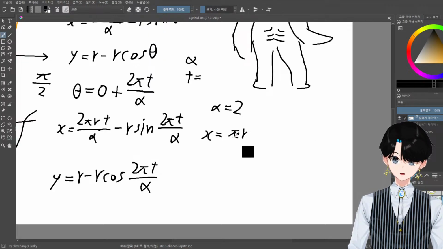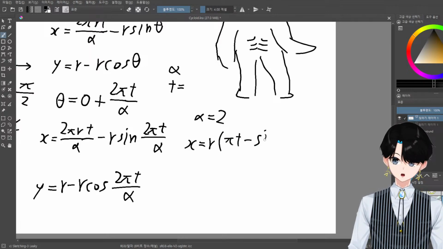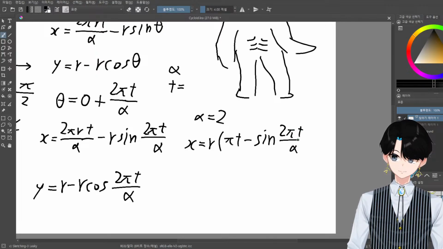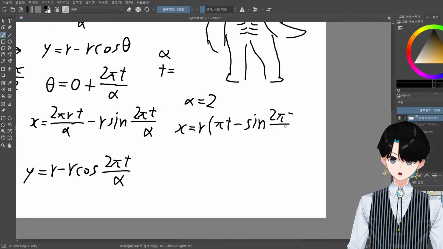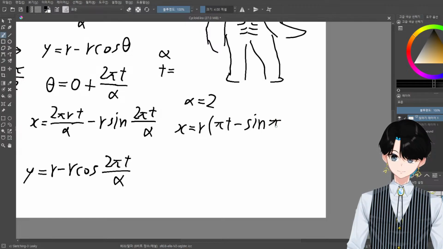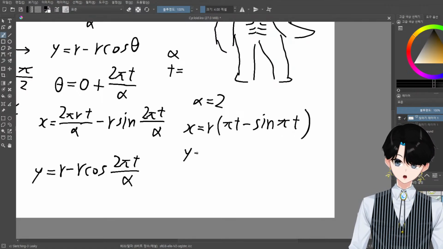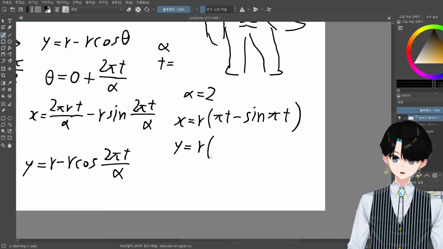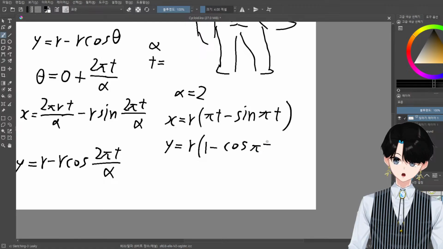Okay, let's just do it like this. R pi t minus sine pi t, and y would be R times 1 minus cosine pi t.